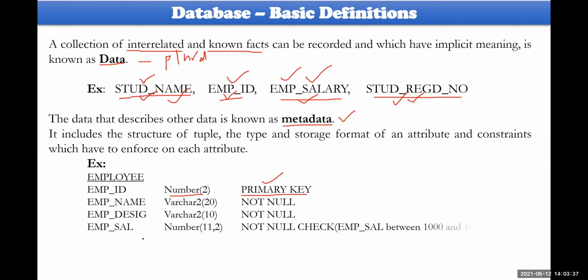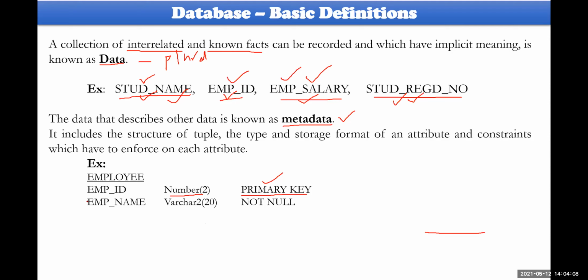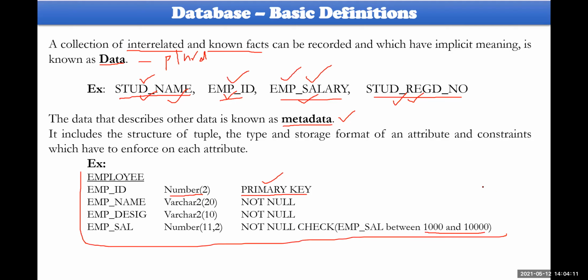Similarly, designation. Similarly, employee salary is not null and has a check. While entering data into the employee salary field, it must be greater than or equal to 1,000 and less than or equal to 10,000. Only these values can be entered into that column. This whole definition is called metadata. This is the metadata definition.